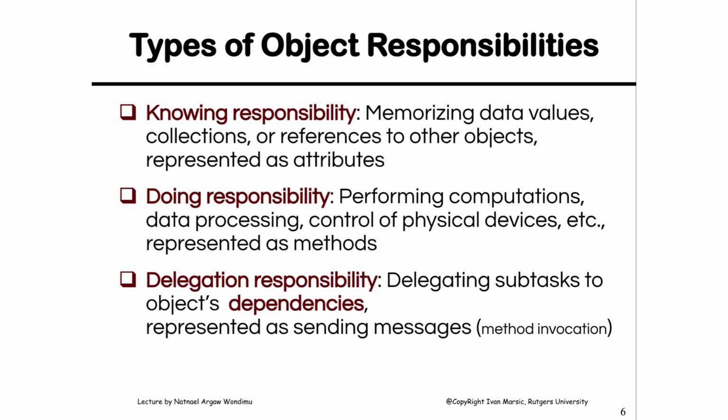So these are the two building blocks of objects in the object-oriented design paradigm. The first one, state; the second one, behavior. State stands for attributes, and behavior is directly related to methods. So these are the two major responsibilities of objects in object-oriented software design.